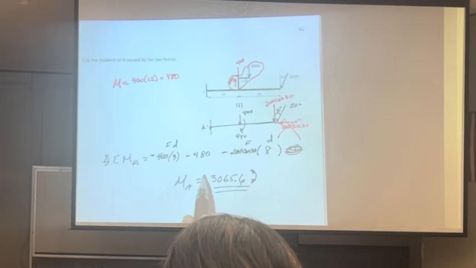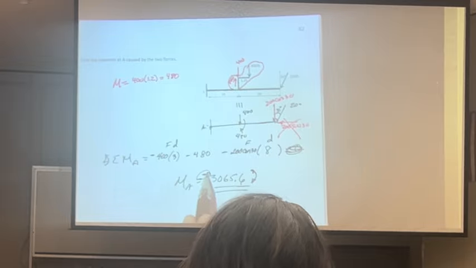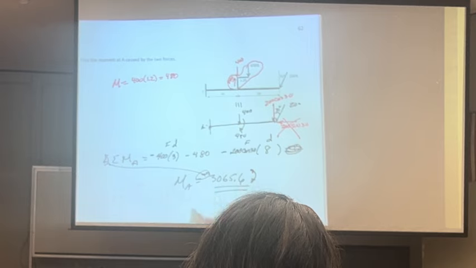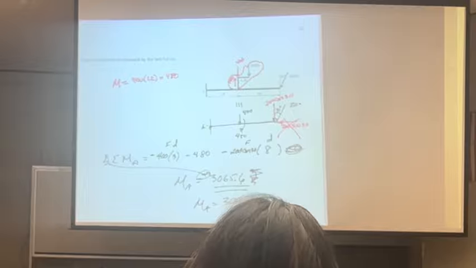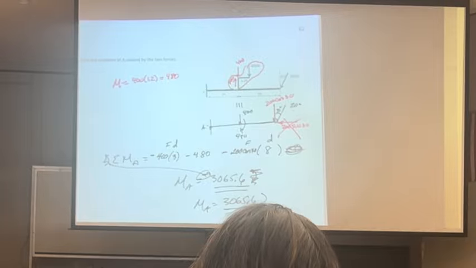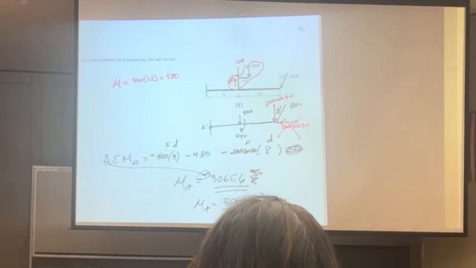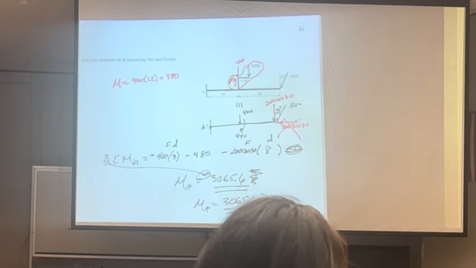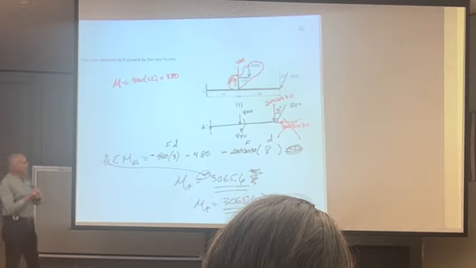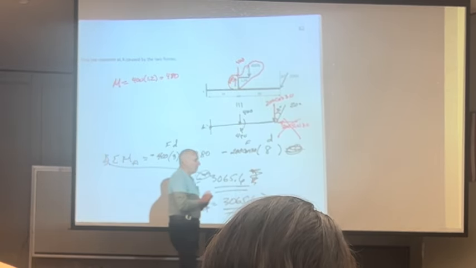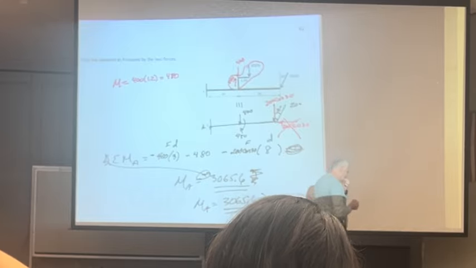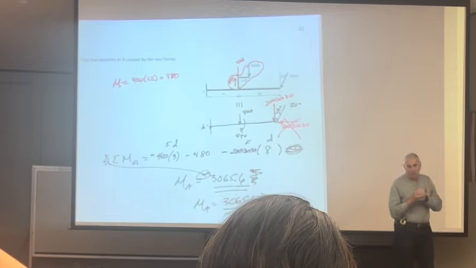Because you're going to get negative, but the negative is the opposite of that. So I'm going to get MA is equal to 3065.6 clockwise. Done. So I just showed you how you can use the lateral transfer theorem to your advantage. Questions on that?